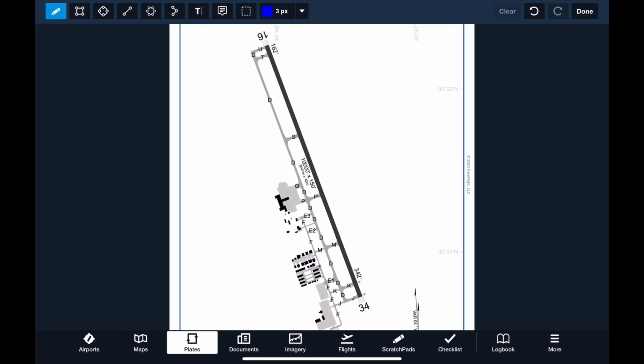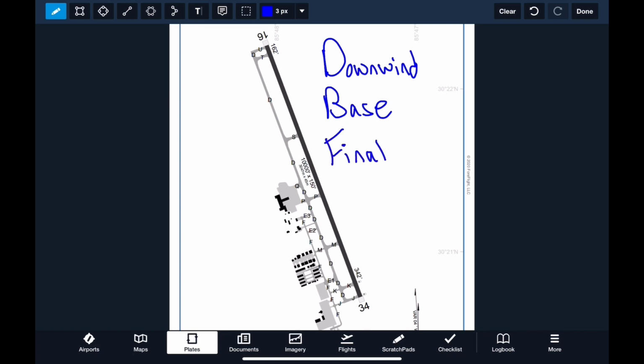So now that we know right and left patterns, let's talk about the pattern entries and all the different legs of a traffic pattern. So a standard traffic pattern, you have a few different legs. You have the downwind leg. You have the base leg. And you have the final leg.